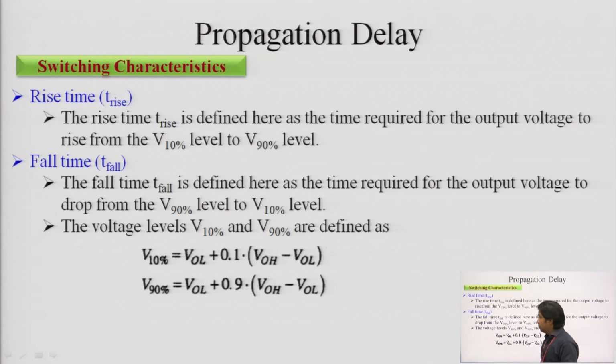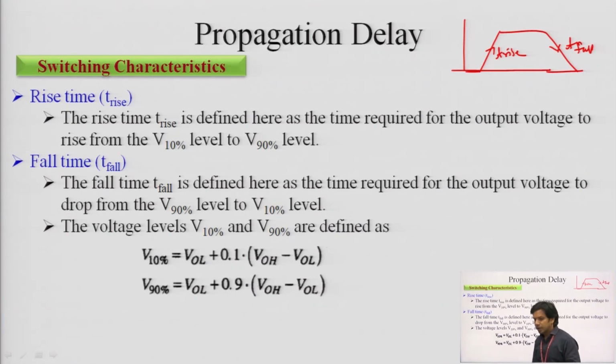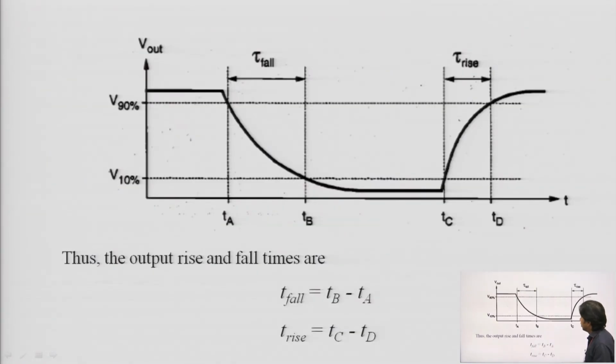Similarly, the fall time: we have a waveform, this one is rise and this one is fall. So, this is called T rise and this is called T fall. Clear. This is the fall time. That also we can evaluate by using this formula. So, this is how we can see the 10% voltage and the 90% voltage. Clear.